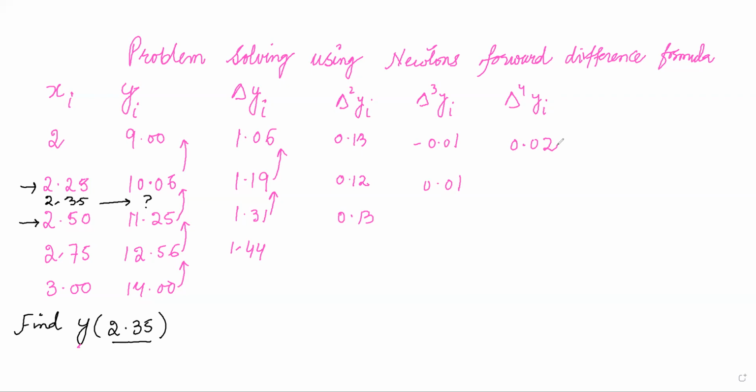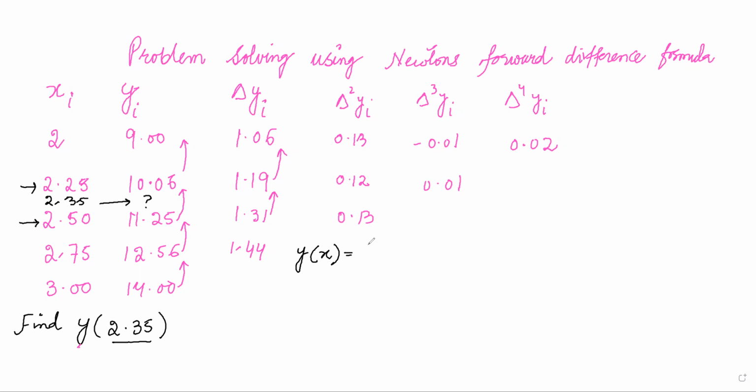As far as the formula is concerned, we know the Newton's forward difference formula is: y of x is equal to y of k.